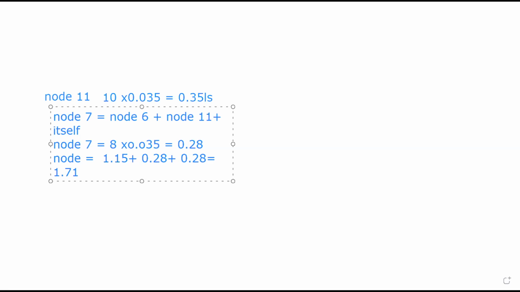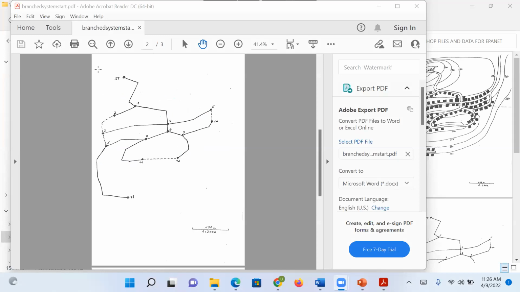Next, we want to do node 8. You cannot do node 8 until you have done node 7 and node 9. We have done node 13, node 6, node 11, node 7. But node 8 is node 7 plus node 9.